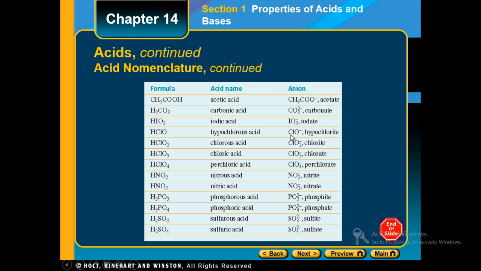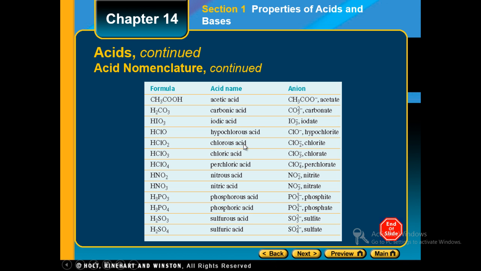Here we have the anion called hypochlorite, which has chlorine and oxygen, so it's called the hypochlorite anion, which gives the acid hypochlorous acid. And when we talk about the second anion regarding chlorine and oxygen, which has a chlorine and two oxygen atoms, it's called chlorite.